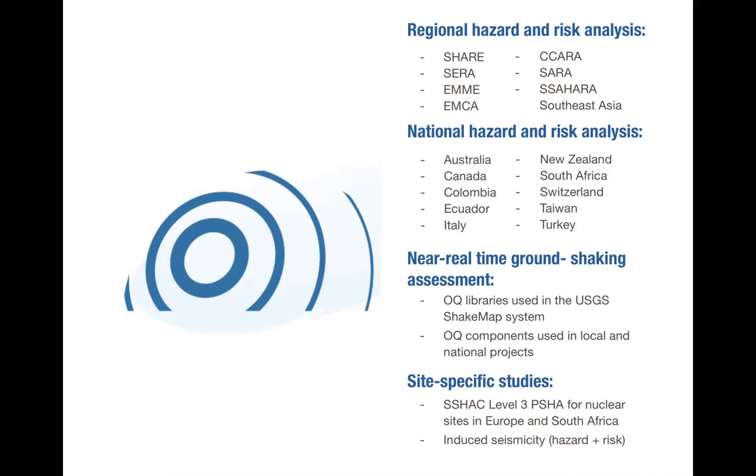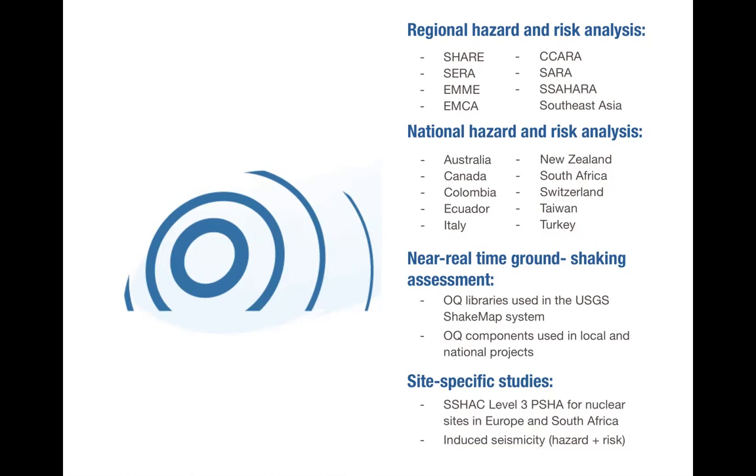Several countries have officially adopted OpenQuake or are in part of the transition to OpenQuake, using OpenQuake for estimating the national hazard maps, and in some cases also moving forward into risk maps, Canada being one of the examples. As I mentioned before, the USGS has shifted to using the OpenQuake libraries for their shake map system.